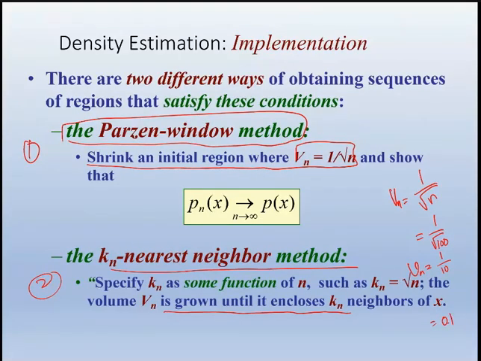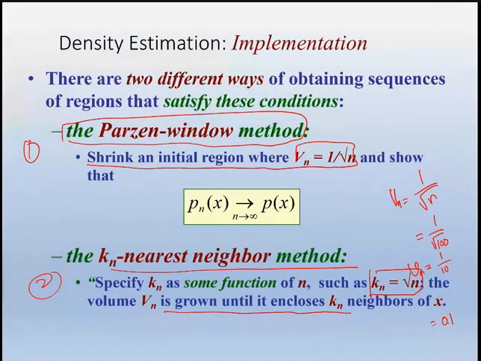Now the other way is the growing window, where we assume that k is equal to square root of n. That means we will count, or grow the window, till we get this count Kn equal to root n.